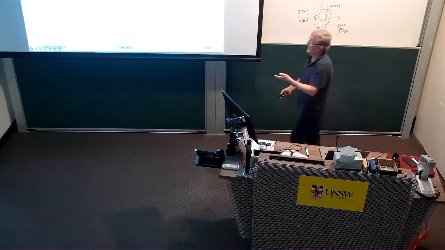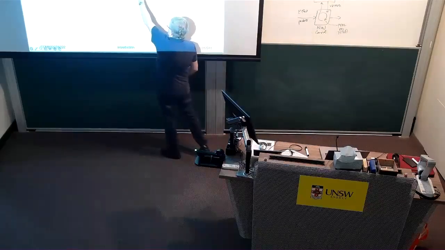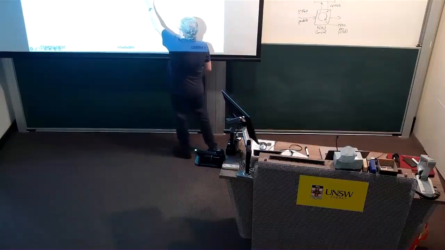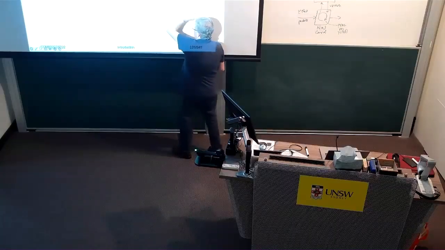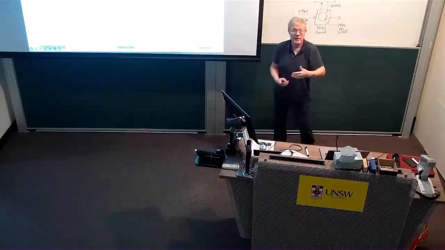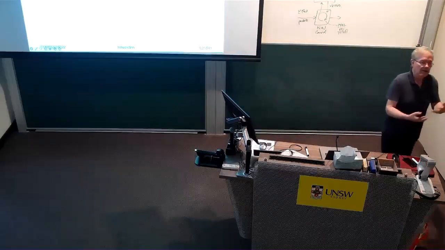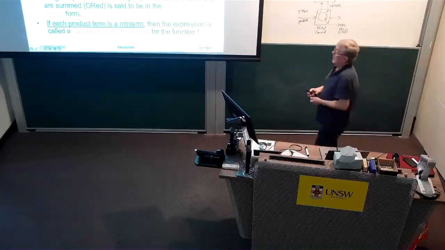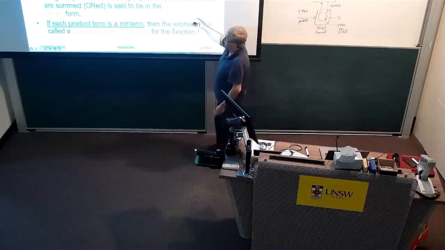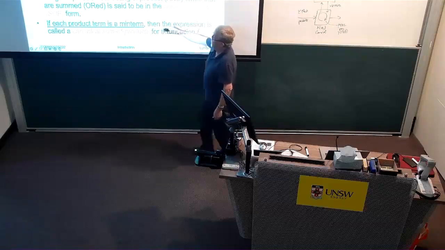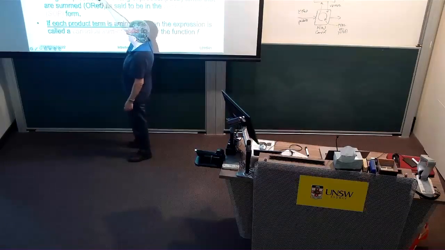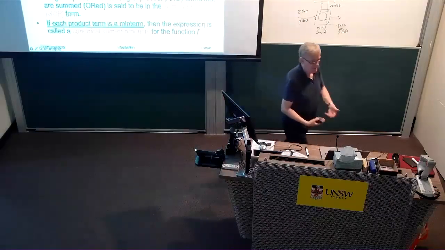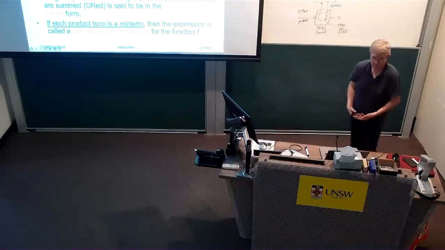I can write that in a simplified way as just the sum of minterms 0, 1, 3, or sigma m, lowercase m, 0, 1, 3, to indicate what minterms I need to represent that function. If a logic expression just consists of a sum of product terms, as I've illustrated there, that's a so-called sum of products representation for a function.